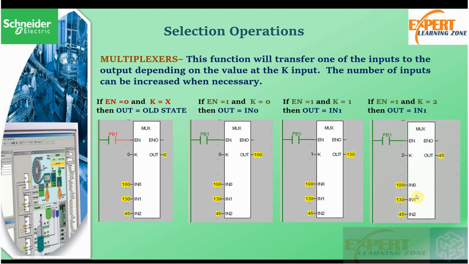And if k is 2, the third input will be moved to the output. You may want to transfer certain information to the same location based on this number. This number is your selector, and it tells you which input will be moved to the output.